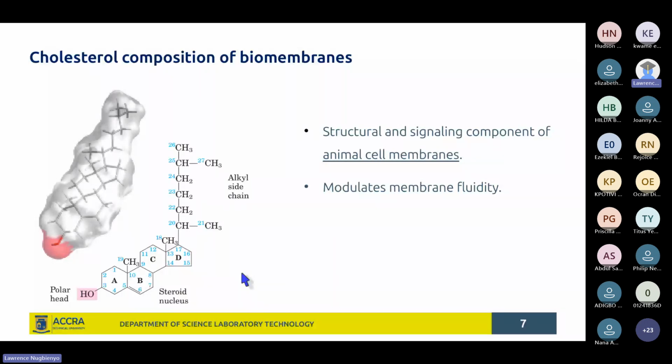So more unsaturation results in a decrease in the melting point, which also gives you an idea about cholesterol. Looking at the structure of cholesterol, these fused rings together, this is a big molecule, which will be much more difficult to break down. And so the more cholesterol you have in a cell membrane, the less fluid it will be.